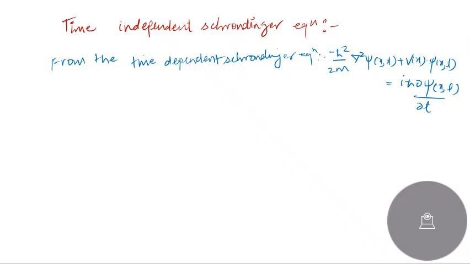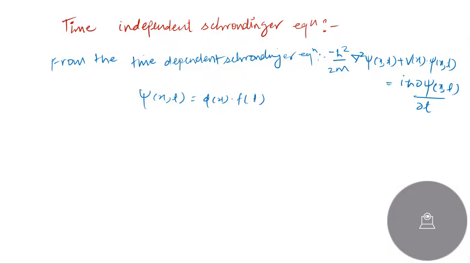So to solve this equation, we have to separate the variables. So we are taking psi(x,t) as a separate function of x and t, so phi(x) into f(t).